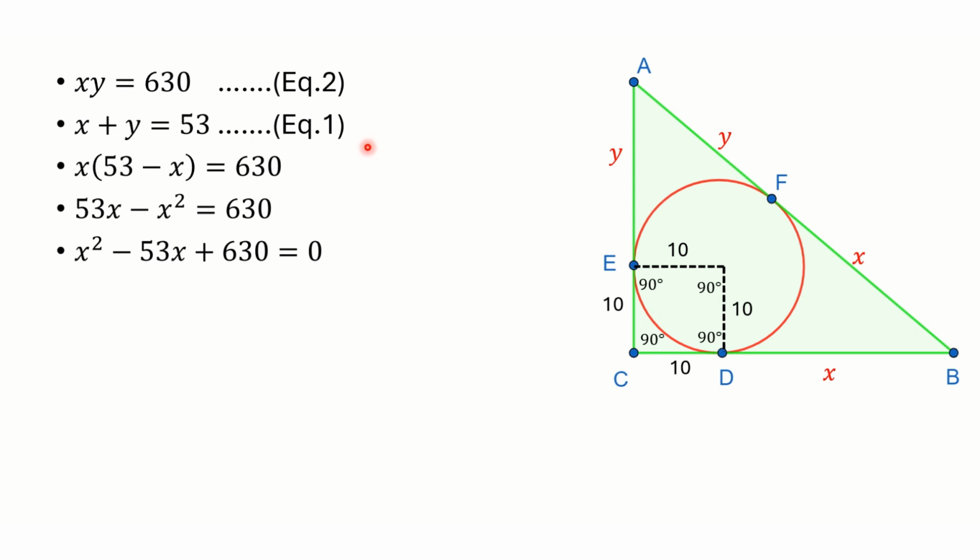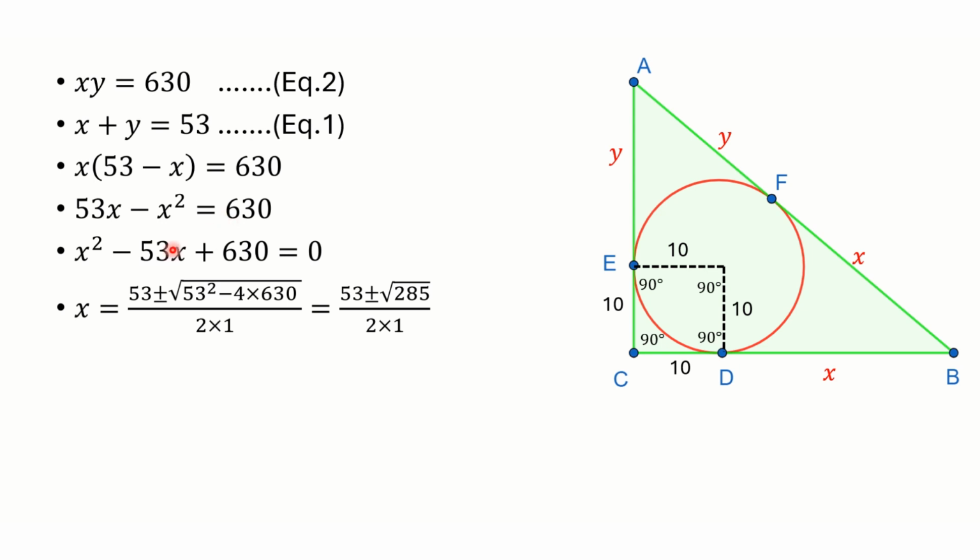So let us find the root using that formula. Minus b, so minus of minus 53 becomes plus 53, plus minus the square root of b square, that is 53 square, minus 4ac, so 4 times 1 times 630, divided by 2a.